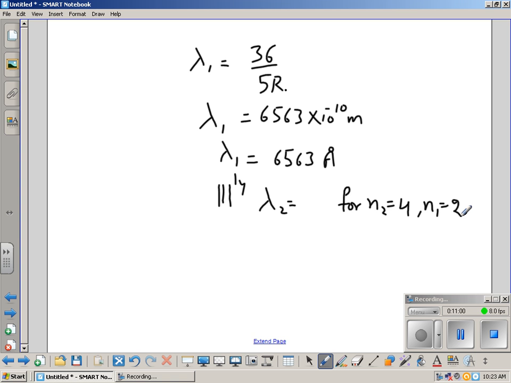So lambda 2 can be obtained as 4861 angstrom units. The remaining can be obtained in the same way, by taking n2 equal to 5, 6, 7, and so on, but n1 will be the same, 2.